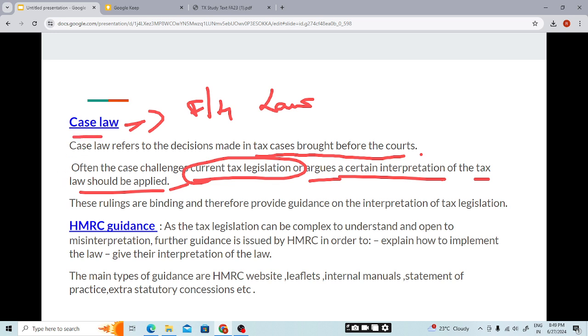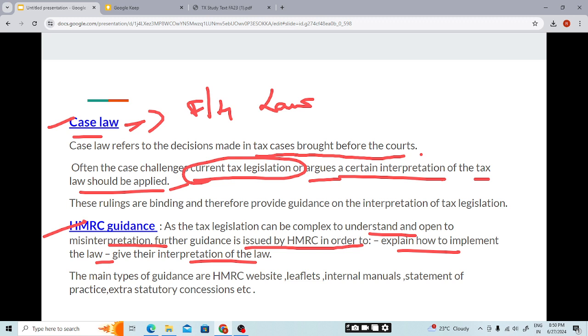First will be the legislation. The parliament will be issuing the laws, and if you have any issues in understanding the tax laws, the HMRC provides guidance also, like in the form of case laws. As the tax legislation can be complex to understand and open to misinterpretation, further guidance is issued by the HMRC in order to explain how to implement the law and give their interpretation of the law.